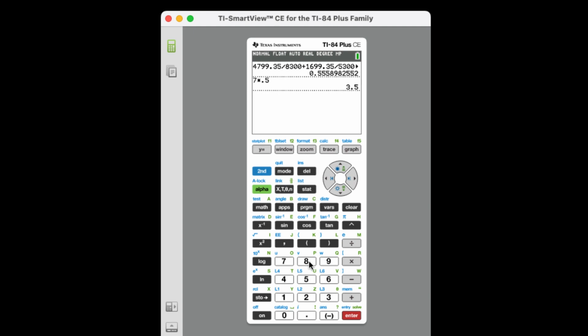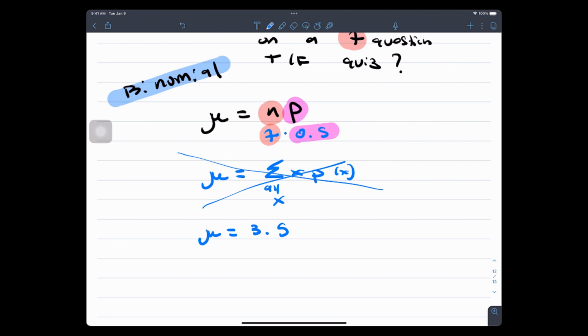So let's stop and think about this here, because this is important for us, right? Why do I say that this is important? What does this mean? Do you guys know what this means? It's the average. You can expect to get 3.5 questions correct on a true-false quiz.